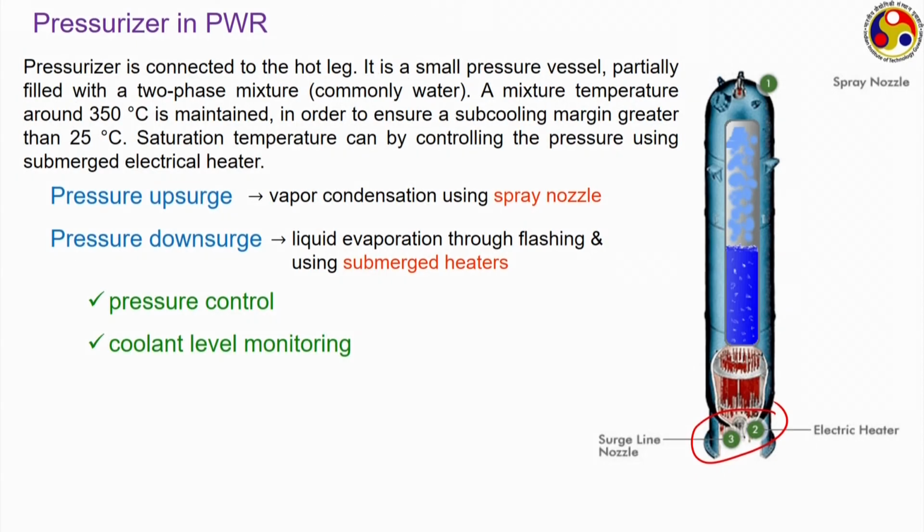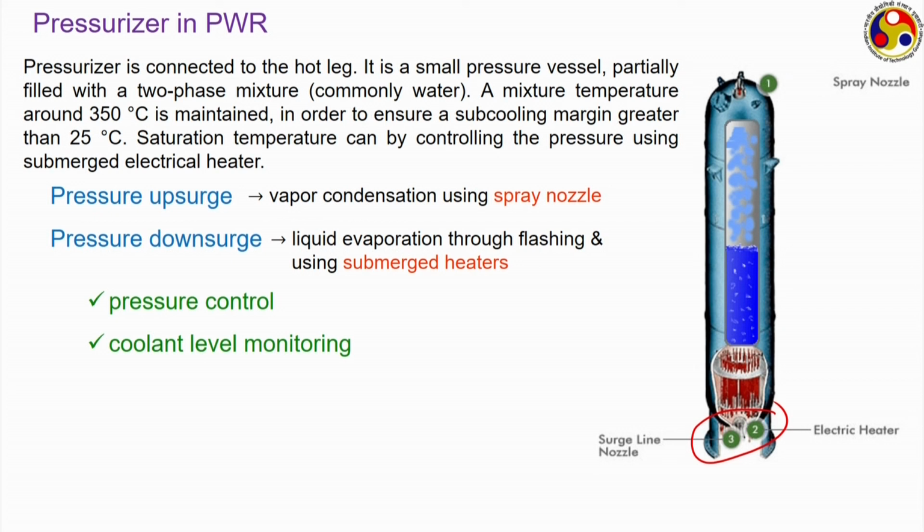Another function done by the pressurizer is the coolant level monitoring. Generally, the pressurizer is mounted at the top of the pressure vessel, which is likely to be the highest location of the plant, and hence if the pressurizer has a sufficient amount of liquid, then all components which are placed at a lower elevation must have sufficient liquid present.